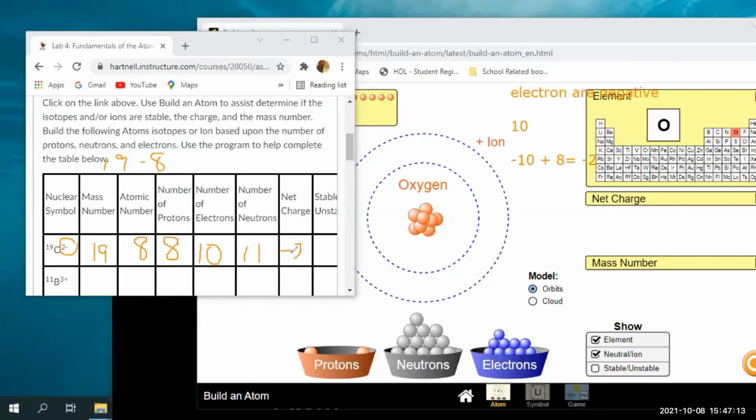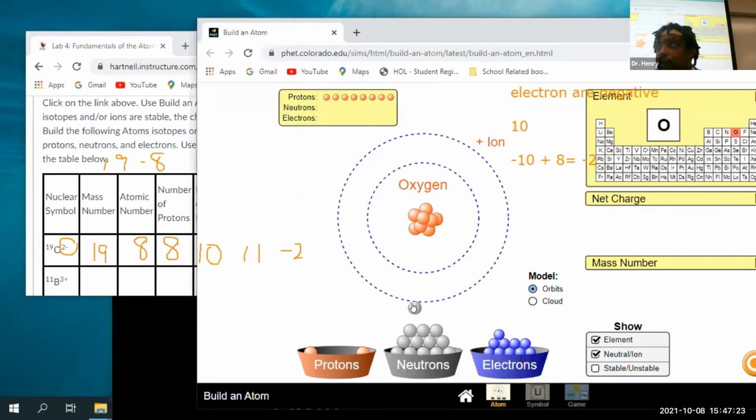Yes. Okay. So the next part is, is it stable or unstable? The way that we determine that is by putting in our number of neutrons. We were putting in 11 neutrons. 1, 2, 3, 4, 5, 6, 7, 8, 9, 10, 11.